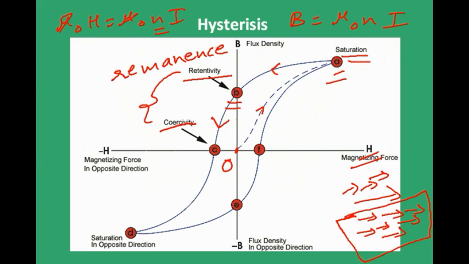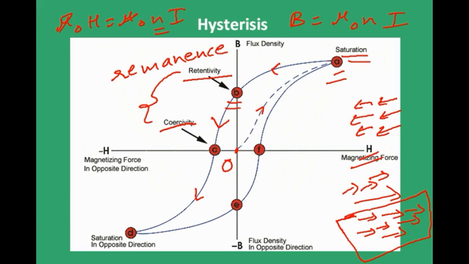And what happens here, if I still increase the current in the opposite direction, then my path will be from C to D. Then the magnetic dipoles start getting aligned in the opposite direction in this way, and slowly as I reach the point D, all the magnetic dipoles are aligned in the opposite direction and no further alignment is possible.